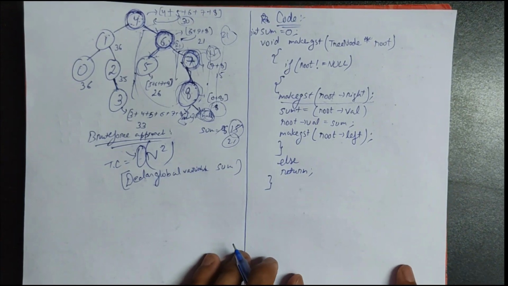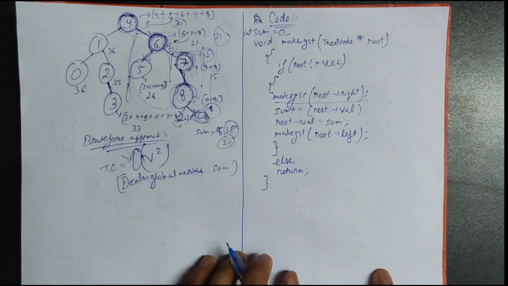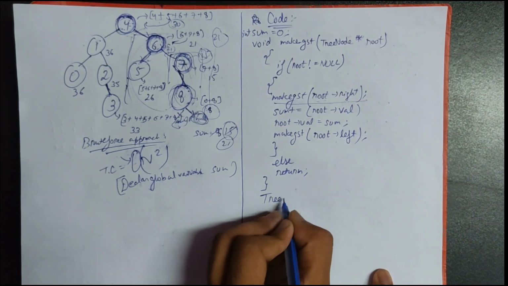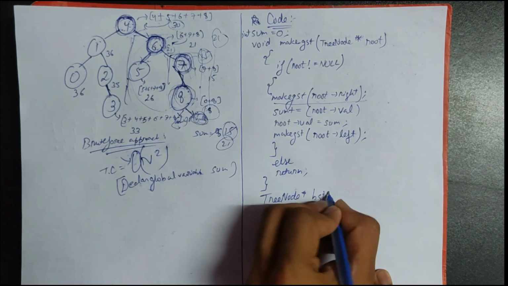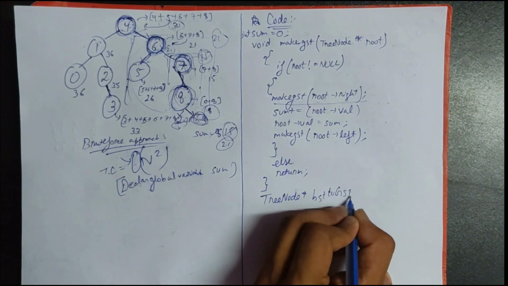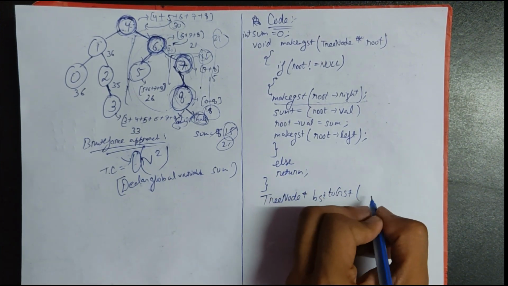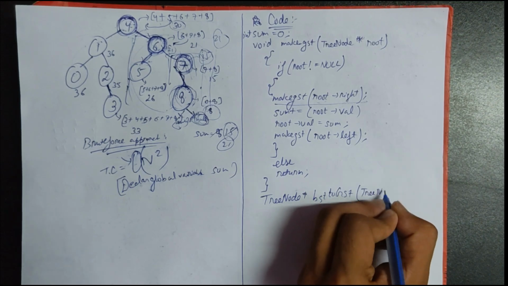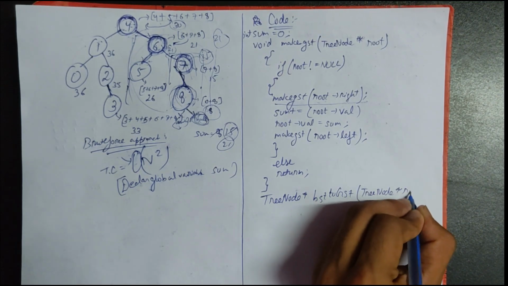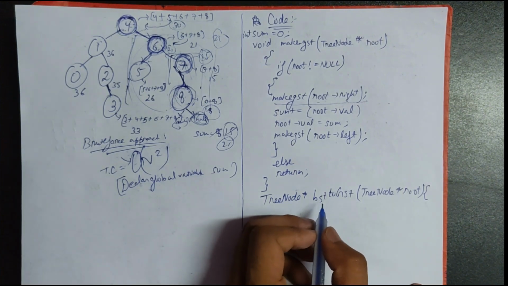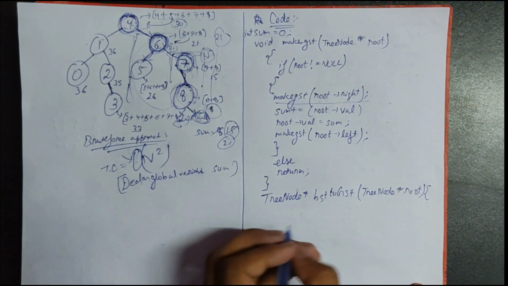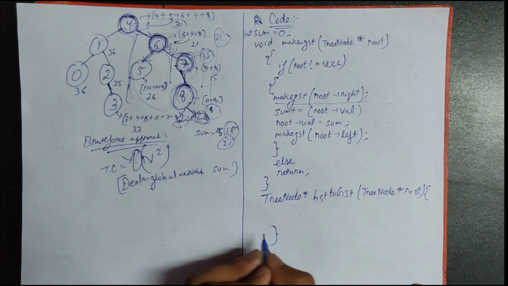Okay, and in the main function of the code, TreeNode asterisk bstToGst, the given function in LeetCode is this, TreeNode asterisk root. In this function we have to return the root, the root of the changed tree.